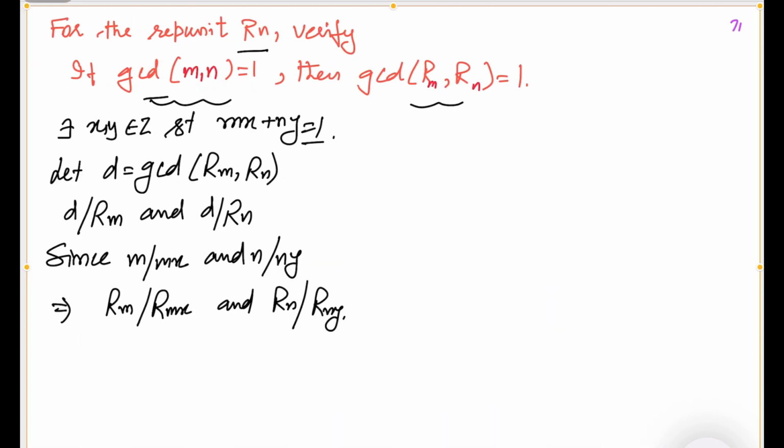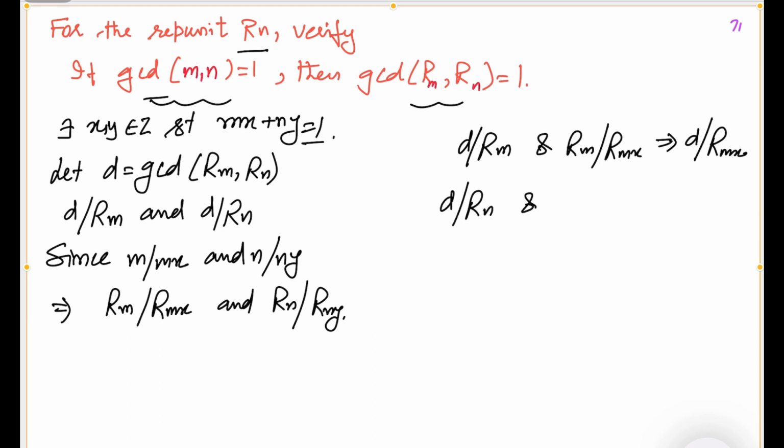Combining the results, d divides Rm and Rm divides R(mx), implies d divides R(mx). And second one, d divides Rn, Rn divides R(ny), implies d divides R(ny).